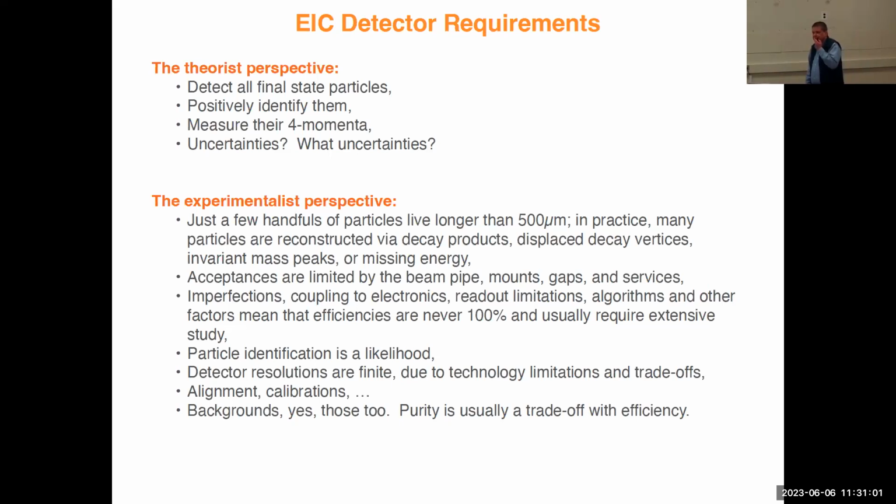I want to ask a question on that. In the theorist's mind there is detecting all final particles, but usually there's also new physics involved, whereby new particles are produced and you're completely not aware. In such situations, how do theorists and experimentalists come together and agree?